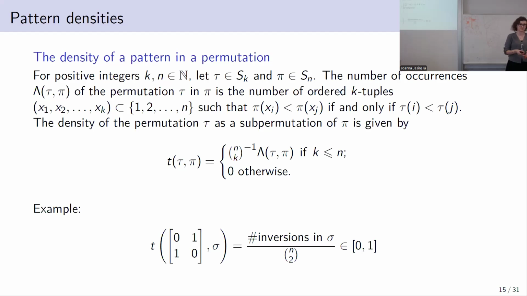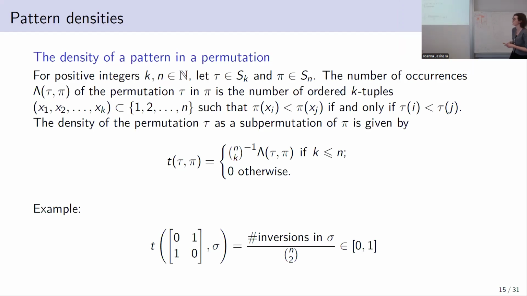Okay, the important notion in this whole theory of permutons are pattern densities that I mentioned earlier. There are maybe a lot of formalities, so it would take a while to parse, but the density of a pattern in a permutation will be just the ratio of the number of occurrences of a pattern inside a permutation.